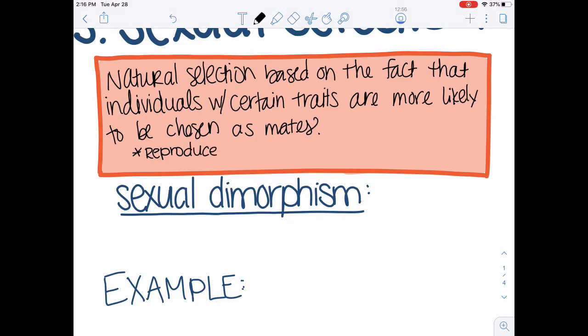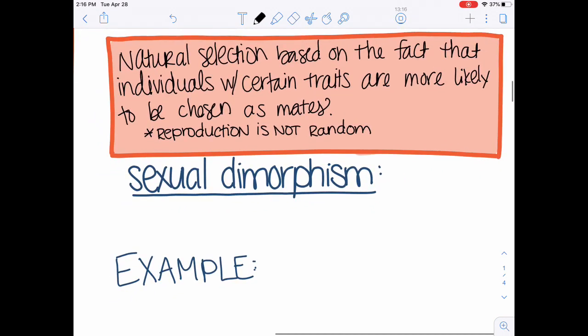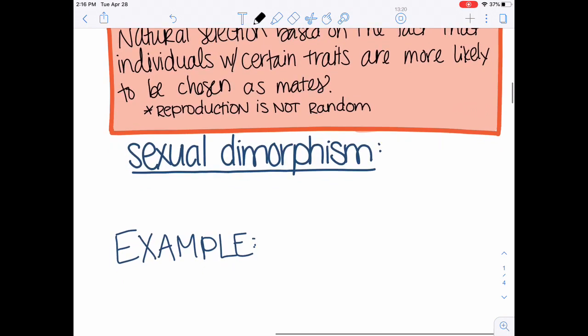Organisms choose their mates for specific reasons. Reproduction is not random. If an organism has a certain trait, it is more likely to be courted, and then it will be more likely to then find a mate.